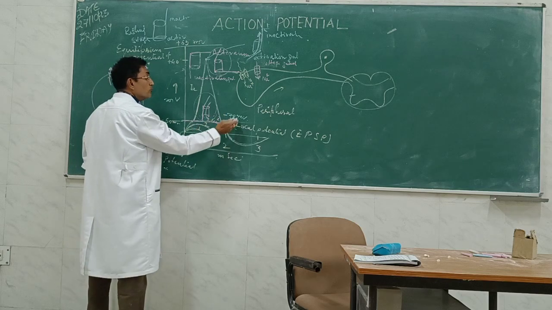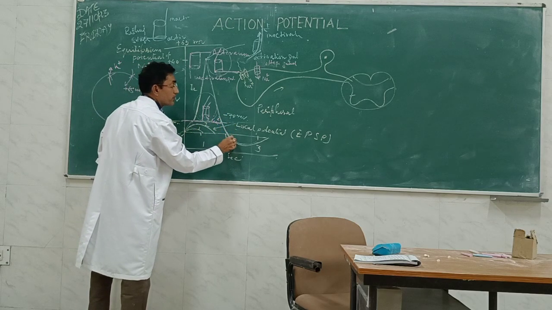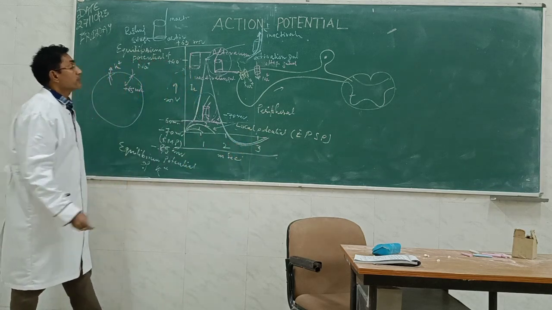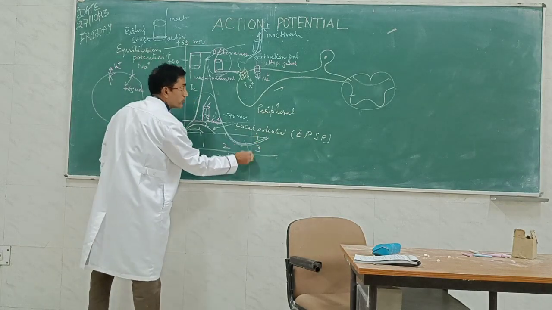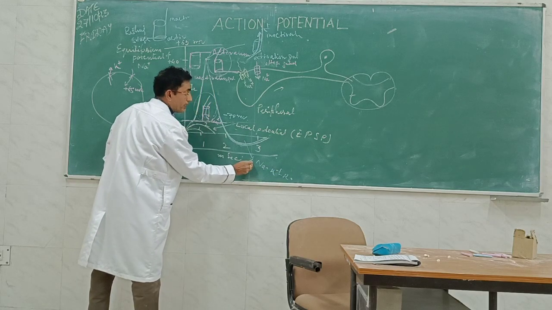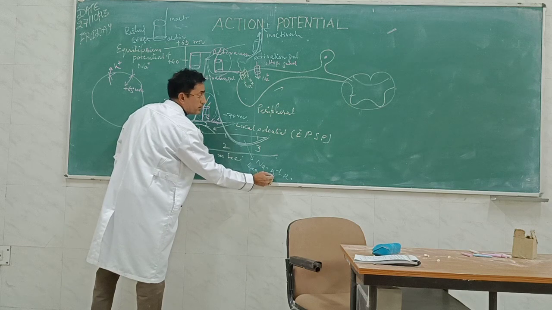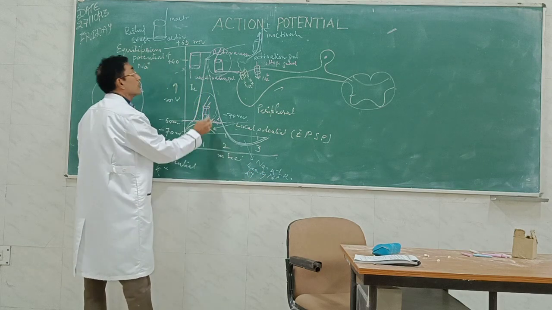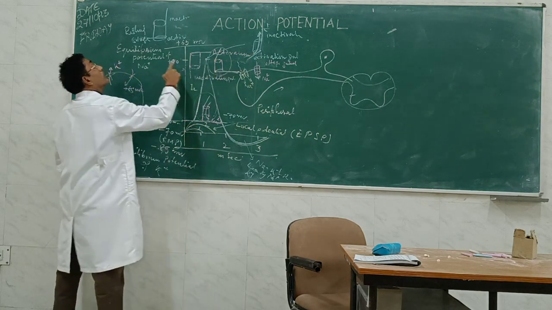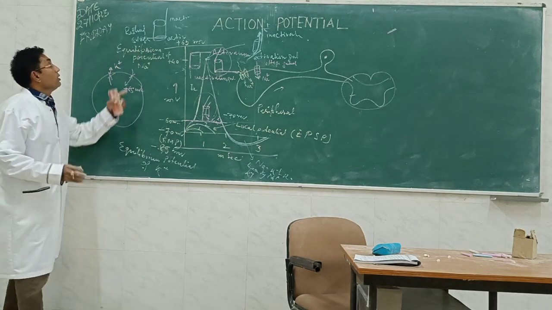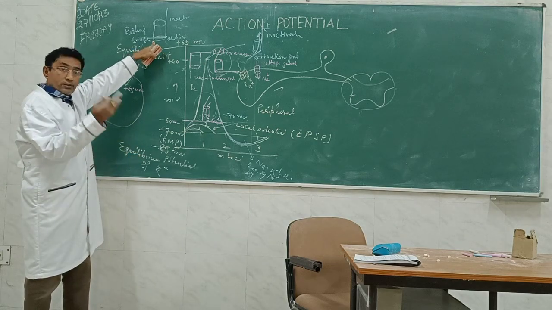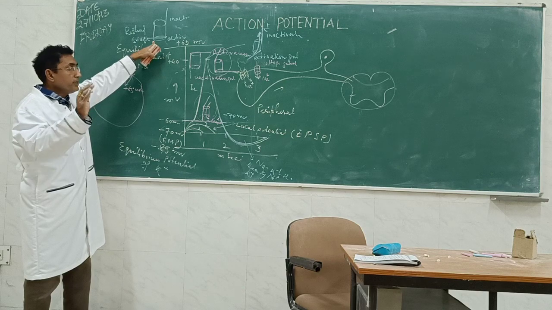Since the movement is slow, the potential gradually becomes negative, and ultimately after a few milliseconds, about 1 millisecond, it will come back to the normal condition due to the involvement of the sodium potassium ATPase, as well as the leaky sodium channel and potassium channel. The structures of the sodium channel and the potassium channel come back to their resting state. This resting state has to be restored, then only it will fire again. Otherwise, this cell cannot be activated.